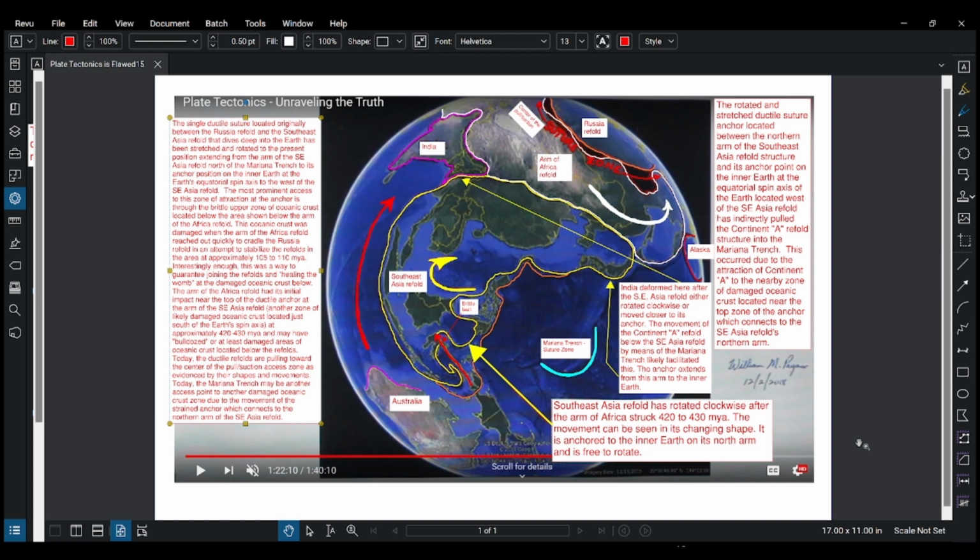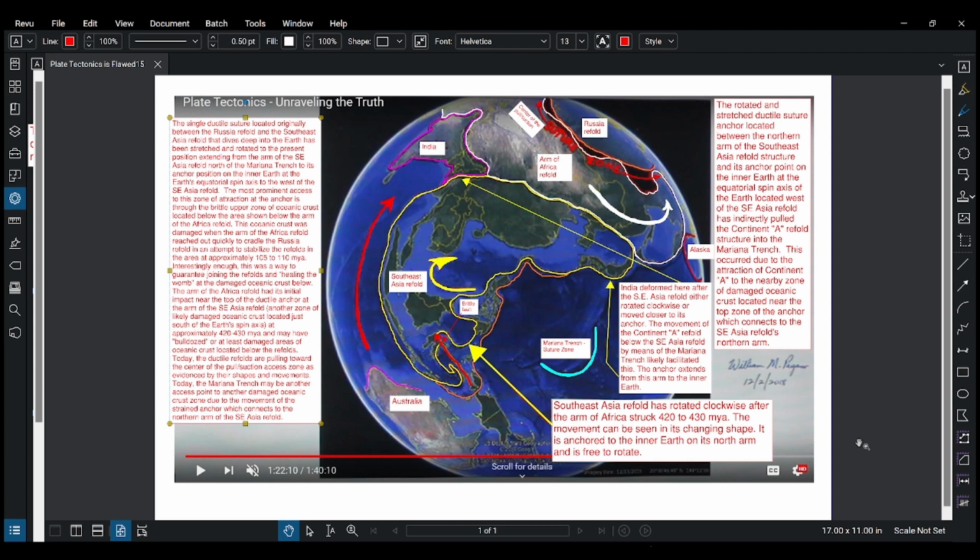equatorial spin axis. That must have busted up the crust and upper mantle area in that zone. So that was the first initial weak spot, and that's where the arm of Africa went to first. So it could have been worsened, and it's probably in the same general vicinity when the Africa arm reached out to retrieve the Russia refold that I described.